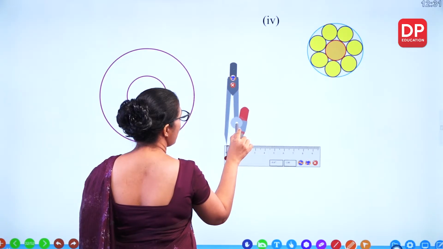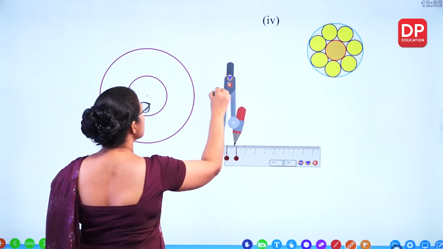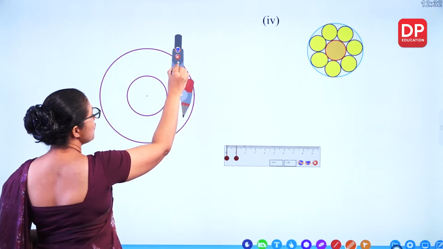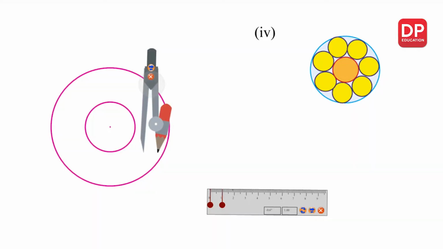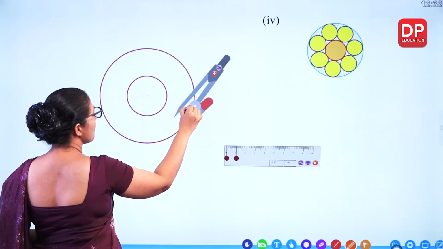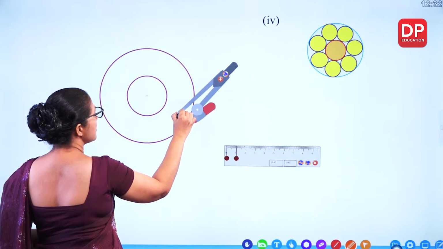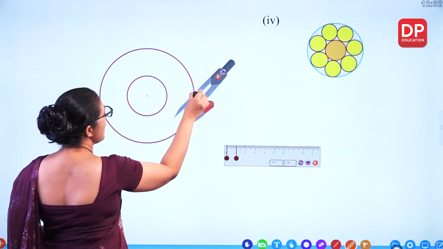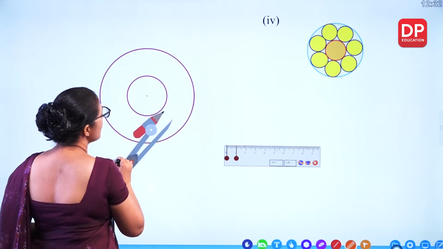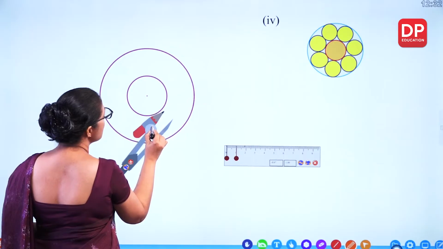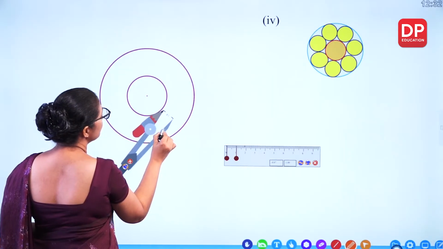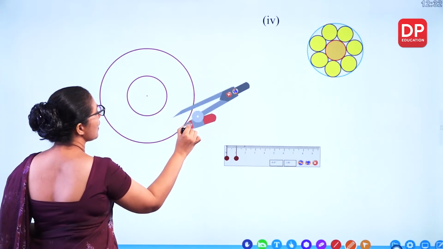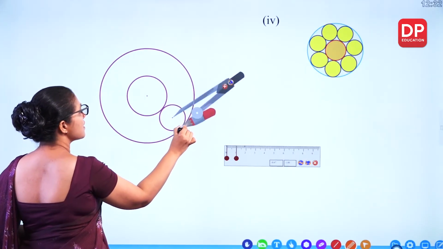So now you can draw circles. So 1.1 is the radius here. So you have to keep in the middle so that you get the circle touches this point as well as this point. So here we'll change it slightly. Now you can draw the circles like that.